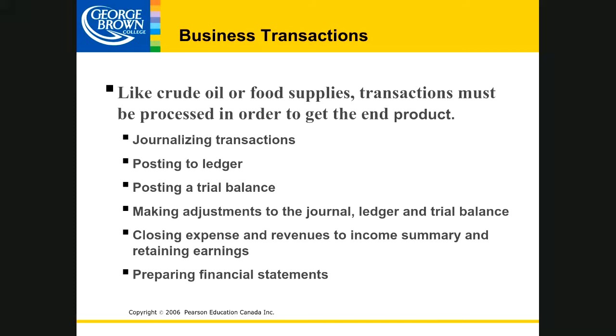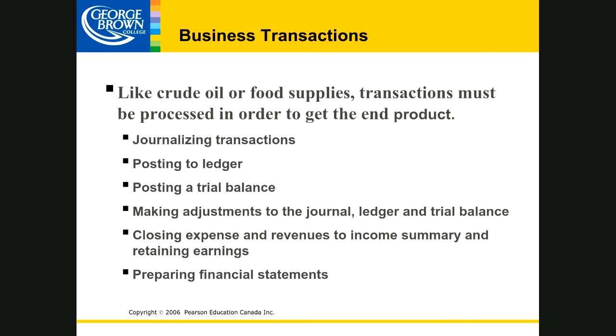That process follows several steps. First, we have to identify if a business transaction has occurred. Step 2 would be to journalize these transactions and then post to the general ledger. After we've done those two things, we then create a trial balance. The trial balance allows us to understand if we've conformed to the rules of debits and credits, which we'll talk about in a second, and whether our assets equal our liabilities plus equity.